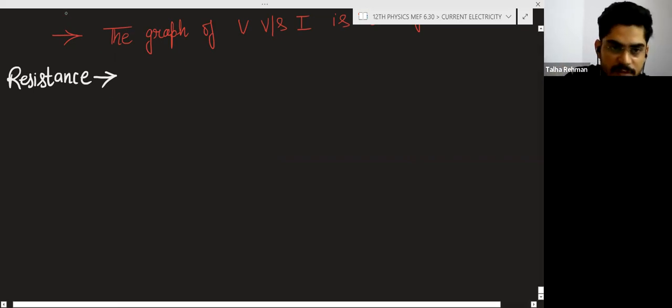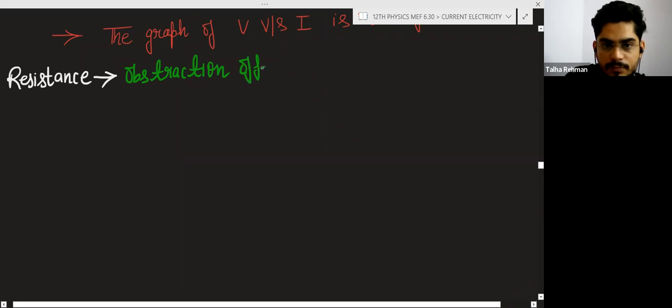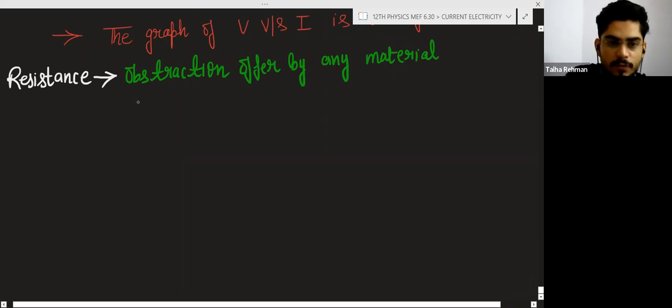So resistance is the obstruction offered by any material in the flow of current.